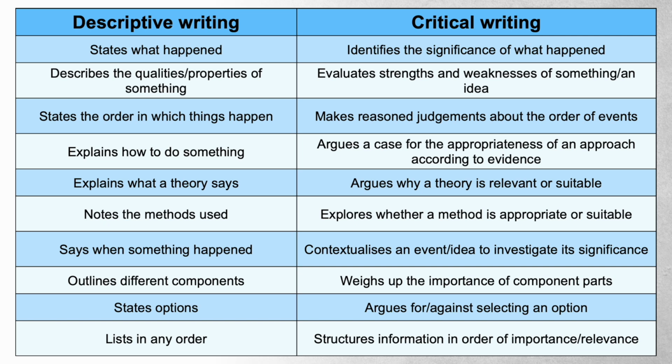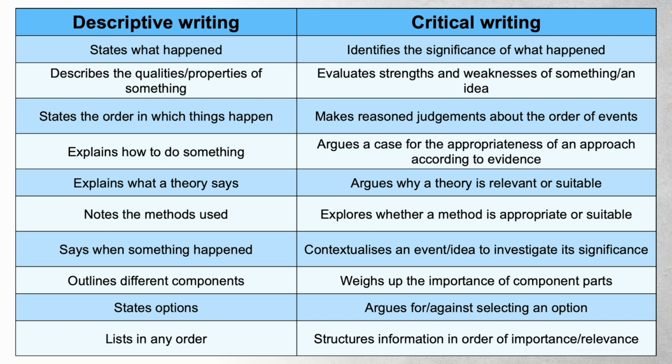So in your assignment, if you have started out by stating what has happened, maybe something happened in your professional practice, to take it to the critical, you must identify the significance of what happened. If you're explaining how to do something within your field, argue a case for how appropriate that approach is and draw on the literature to support you.